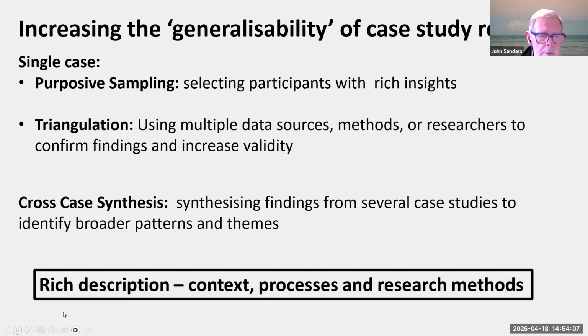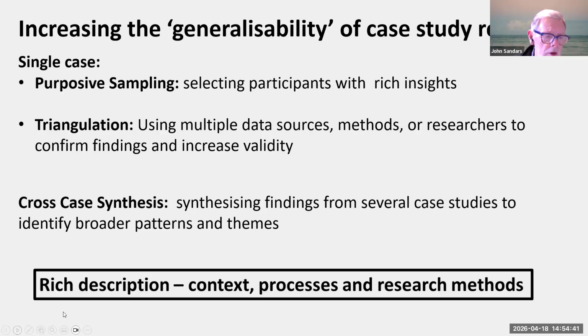So you might get some people, for example, who have a particular positive view about an experience, say a training course, and another group who don't have that. And you could identify that by questionnaire. And then you do in-depth interviews, not with everybody, but with individuals at the two extremes, so that you've got people with rich insights at both extremes.